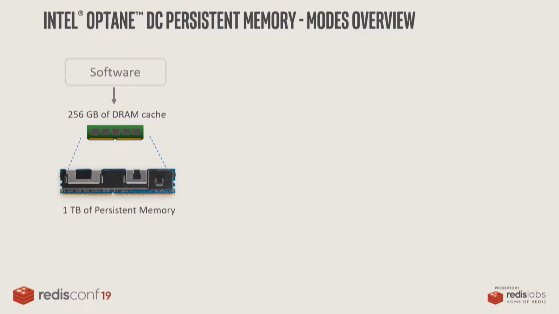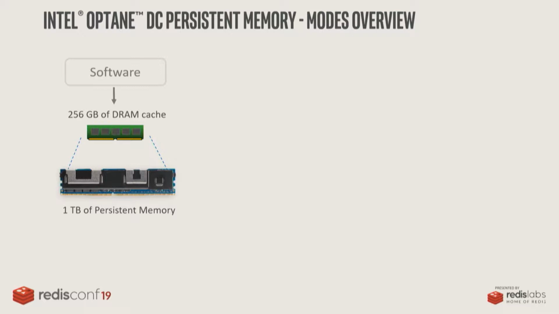And there are two modes in which you can access this memory. The first mode is what we call memory mode. In this mode of operation, the hardware will treat DRAM as a transparent cache to the persistent memory. Think of it as a level 4 cache. It's treating the DRAM as a write-back cache to persistent memory.